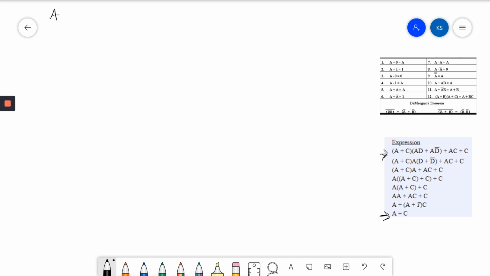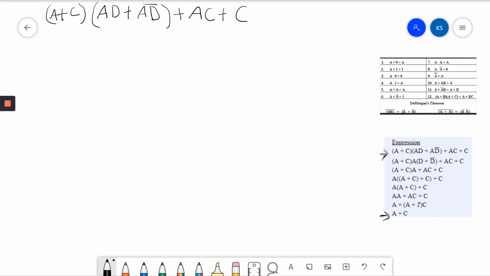Our expression is (A plus C), then AD plus AD bar, then plus AC plus C. Okay, so this is our main or original expression.